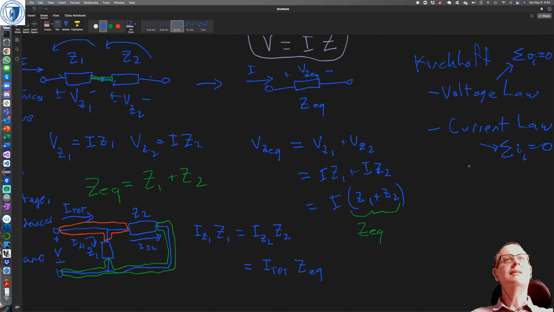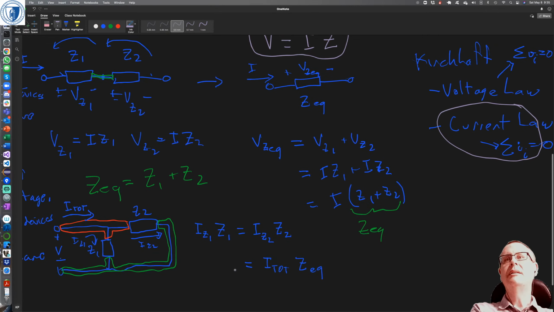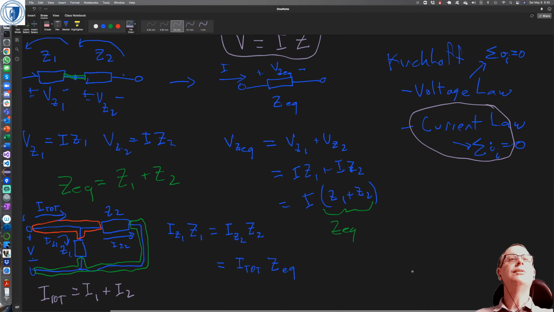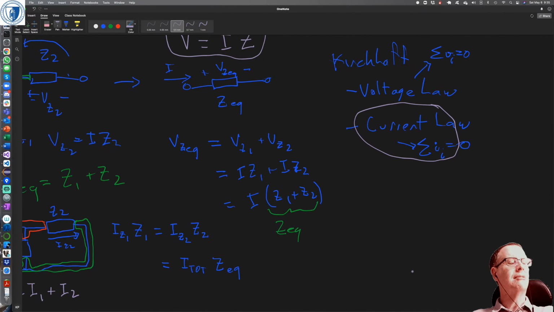Okay, so looking at the current law, then we can say down here that I total is equal to I1, and remember that there's two ways to talk about the current law, right?